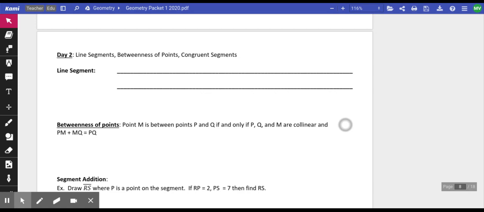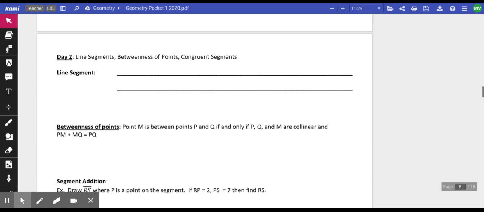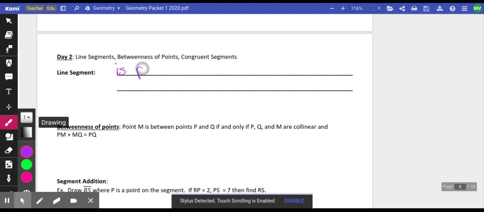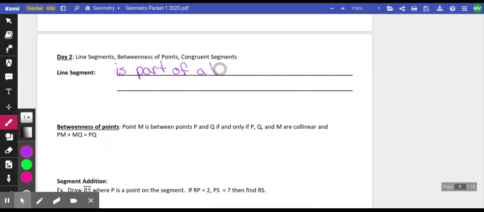Today we are talking about line segments, betweenness of points, and congruent segments. The previous video we did line, point, line, and plane. A line segment is part of a line with two endpoints.